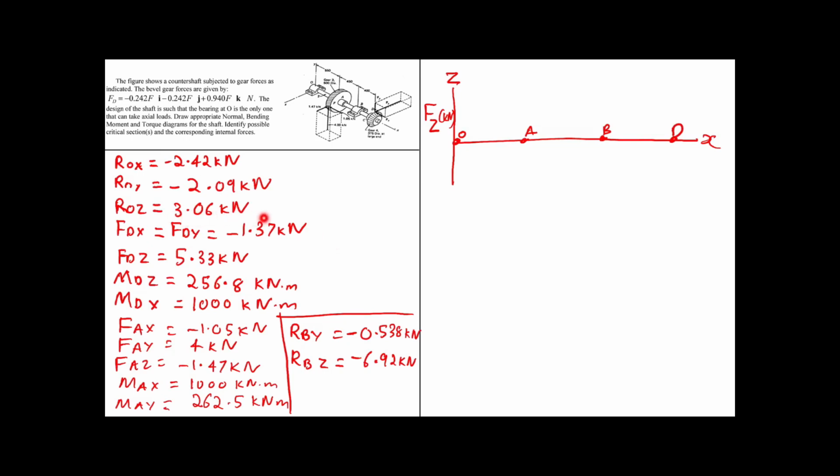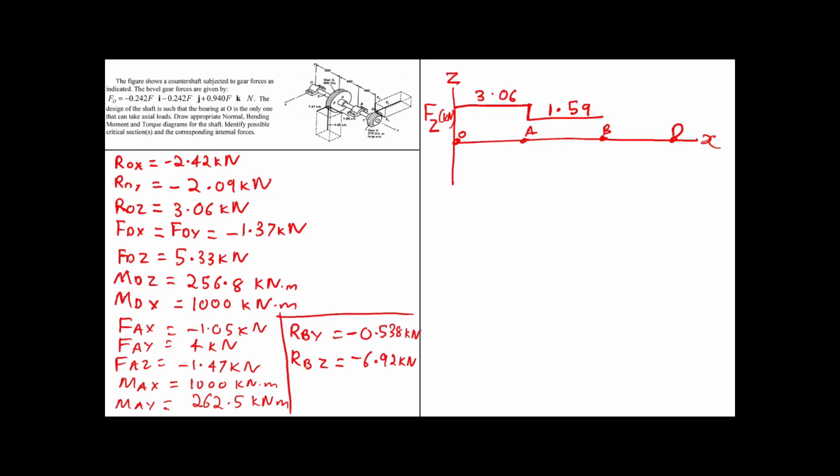ROZ is 3.09 and it is positive. So the figure would be up, and this value is 3.06 kilonewtons. Then FAZ actually is minus 1.47. So we need to go down from here by 1.47. So that will be somewhere here. Draw a straight line, and this value is 1.59.